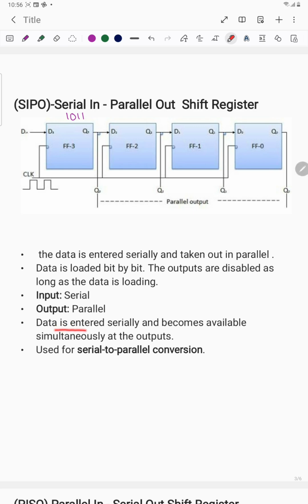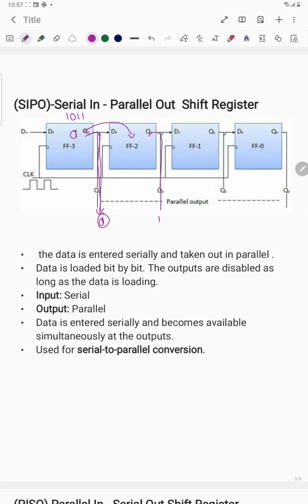When the data is entered serially, it becomes available simultaneously at the output. If a 1 reaches here, at that instant the output here becomes 1 simultaneously, then it shifts to here, and then this one is simultaneously 1. If it is 0, it becomes 0.